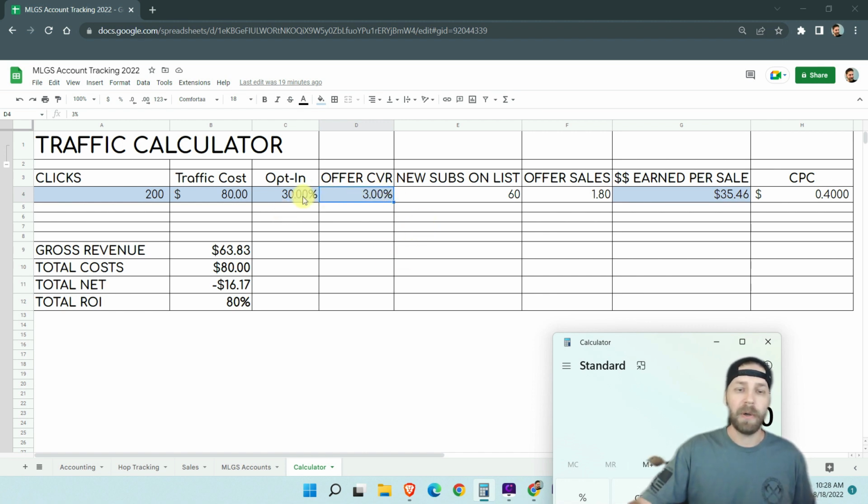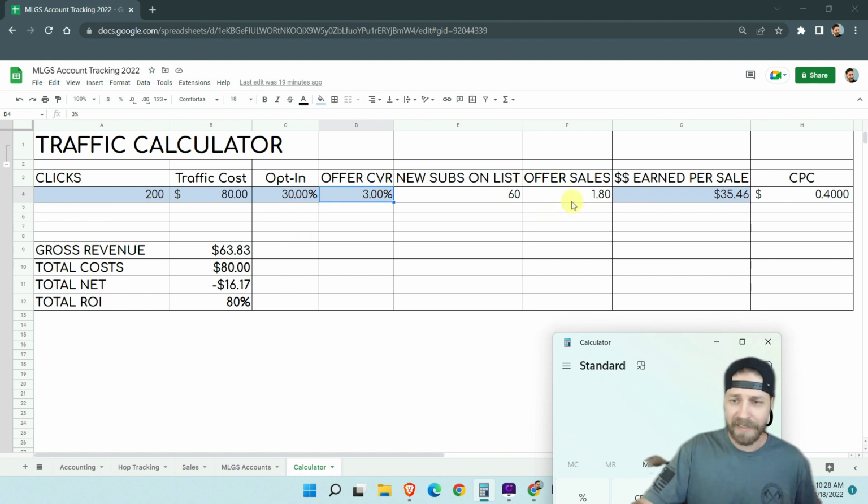Okay. So you really have to test and do a lot of research into which solo ad vendors are going to provide you the best source of traffic. Okay. And then, like I said, 3% is probably a realistic conversion rate.